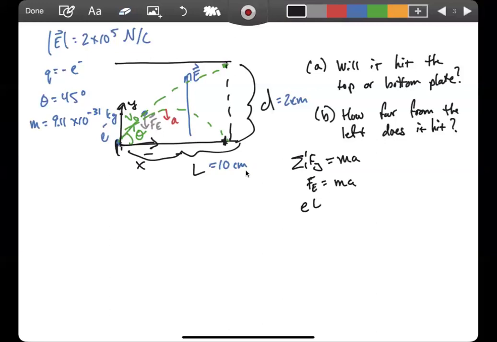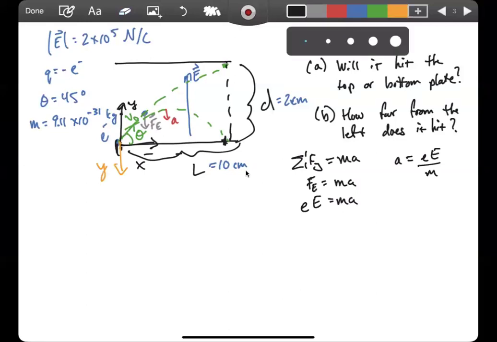Here we're going to get E times e is equal to ma, which means my acceleration, same thing as last time, is equal to the fundamental charge times the electric field divided by the mass. Again, this is technically pointing downward, but temporarily for this part of the problem, I'm taking downward as positive, just so I don't have to worry about the negative sign. But when I put in my kinematic equations, I'll have to put it in as negative.